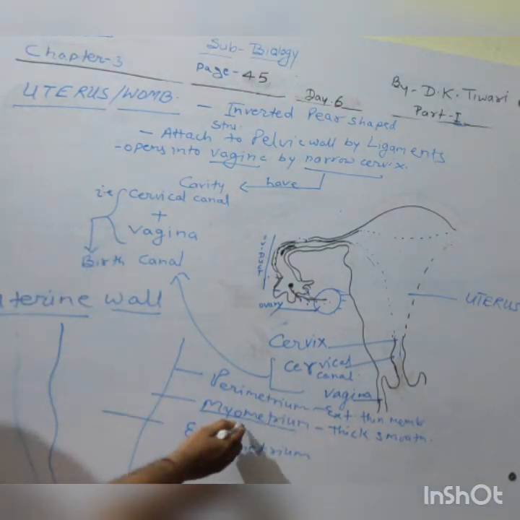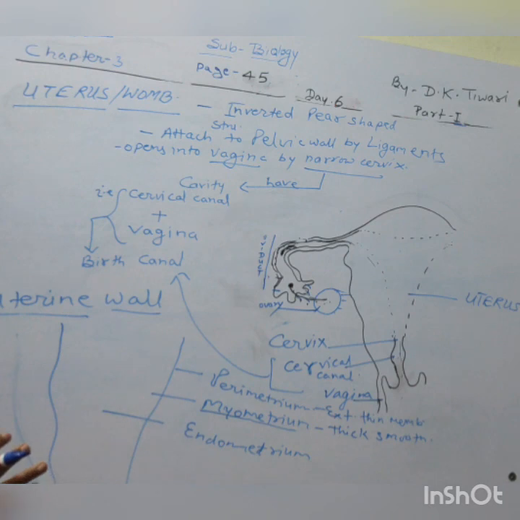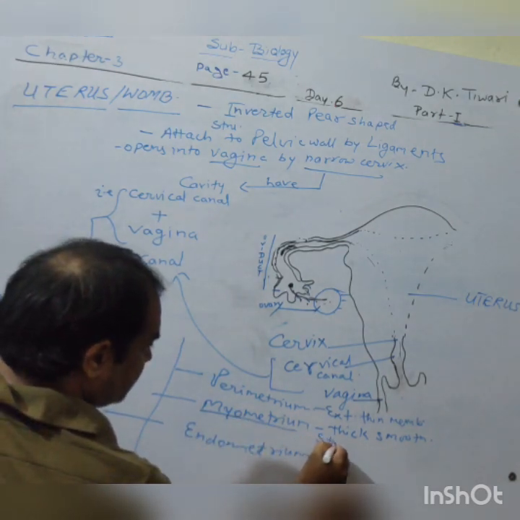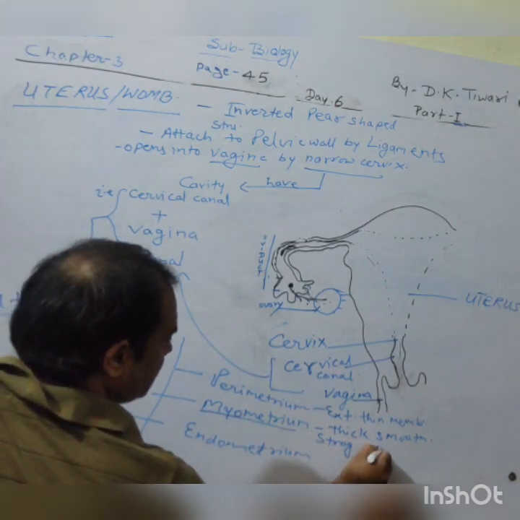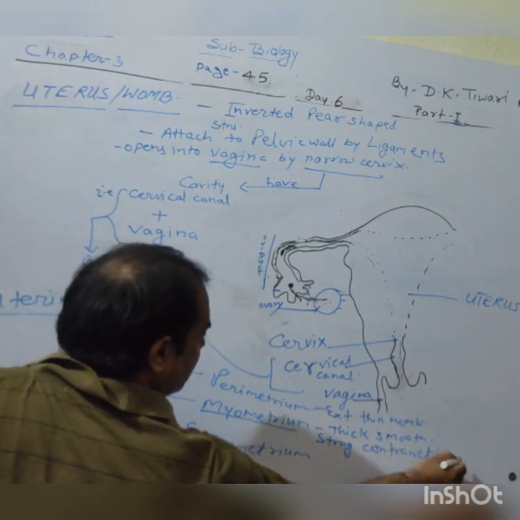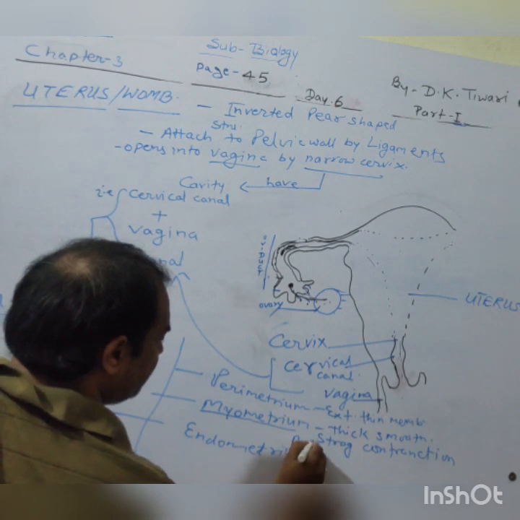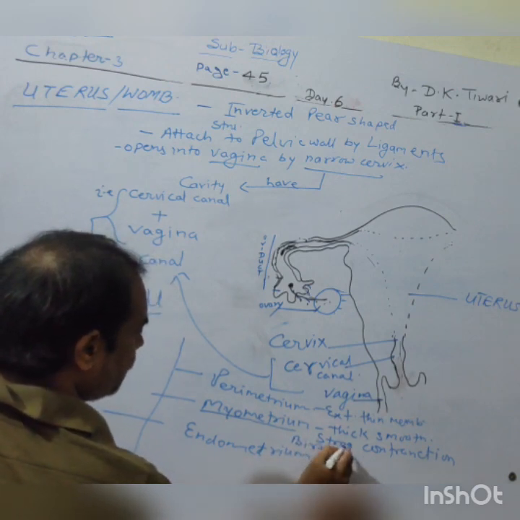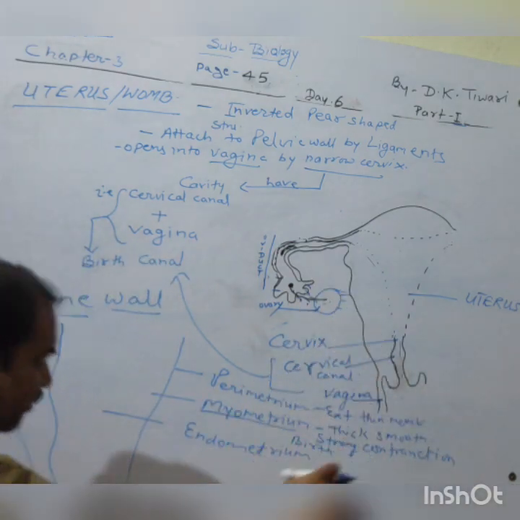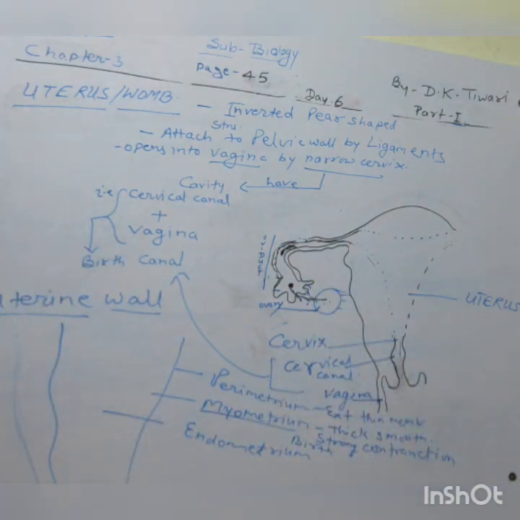This muscular structure gives a strong contraction, and this strong contraction helps in the birth of the baby, because of which the baby is pushed out of the body.